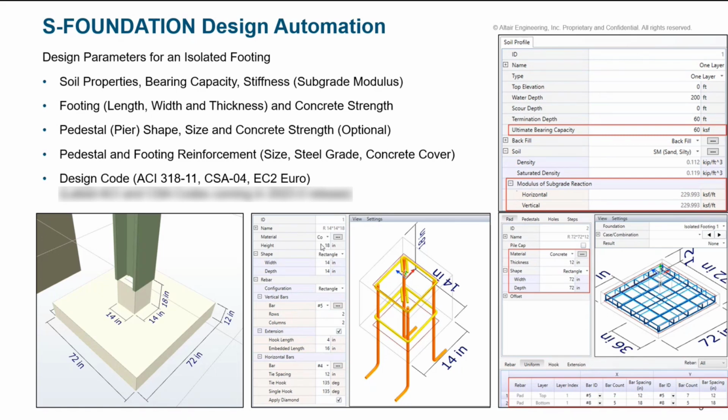We can control its height, its shape, and its dimensions, and also the reinforcing in it. So we have kind of full control over that portion of it. The pad has a size again and a thickness. So a size in plan and thickness, and it's got reinforcement specification that the user can input as well.